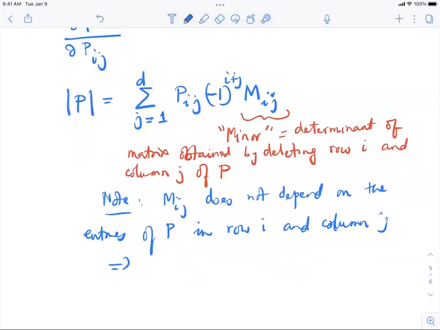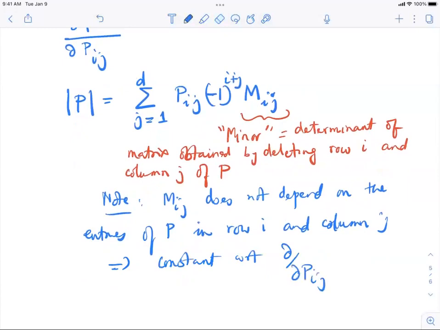Which means, of course, it's a constant with respect to P_ij.